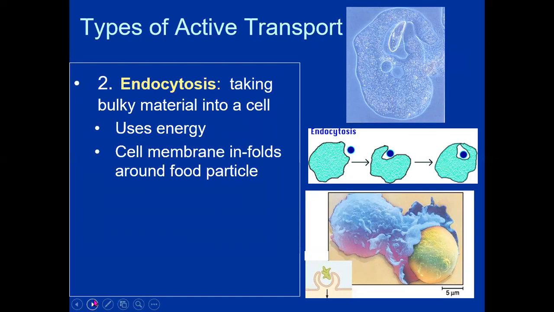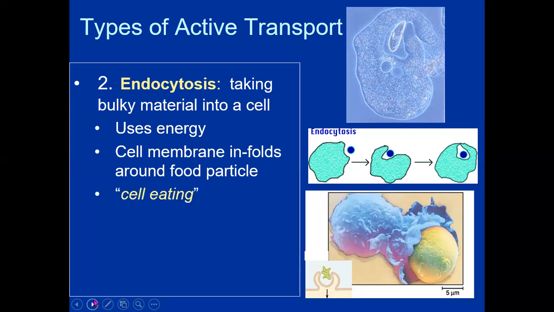This is a type of transport that is used by some freshwater organisms like the amoebas. It is also used by the white blood cells called the phagocytes, which are able to swallow bacteria and other foreign materials that could be found inside the human body.